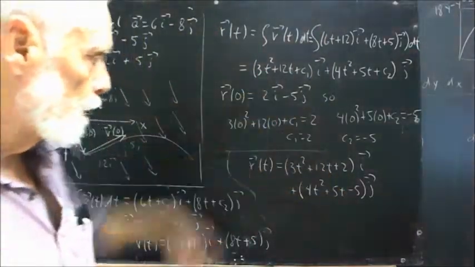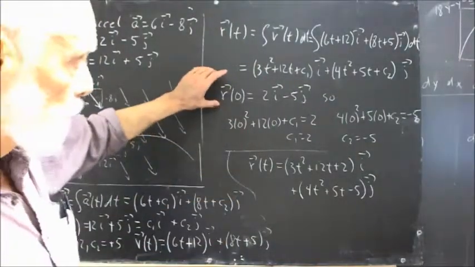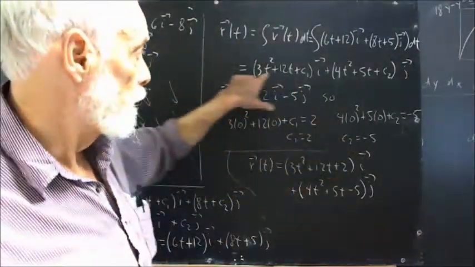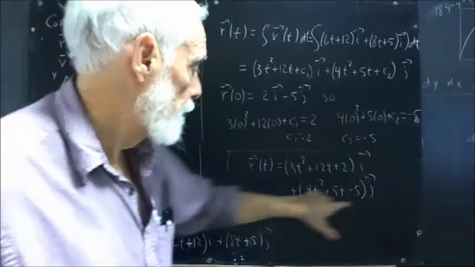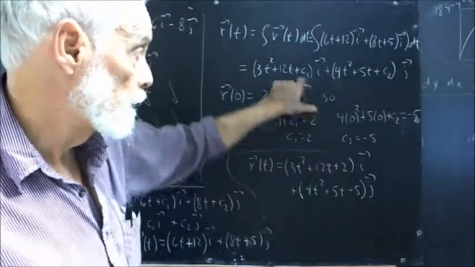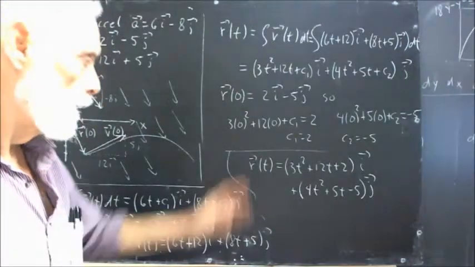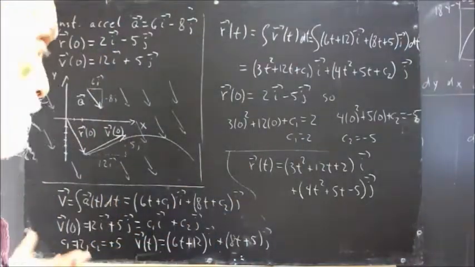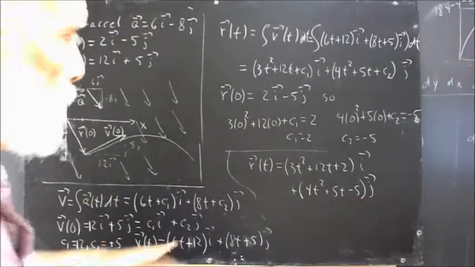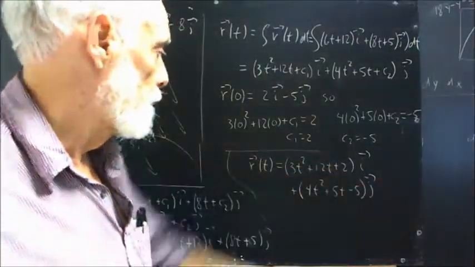That is very straightforward. Once we've evaluated C1 and C2, we just write this out, substituting the 2 for C1 and the -5 for C2. So this is going to be our position vector. Plug in the time, we get the position.